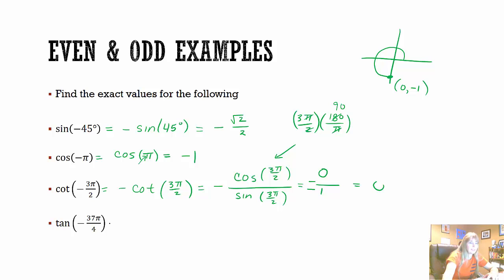The last one here, the tangent, we know we're going to pull out the negative because the tangent is an odd function. And now from here is where I'm going to do that whole deal where I'm going to use my periodic properties. So don't forget my negative. I see that 4 goes into 37 9 times.